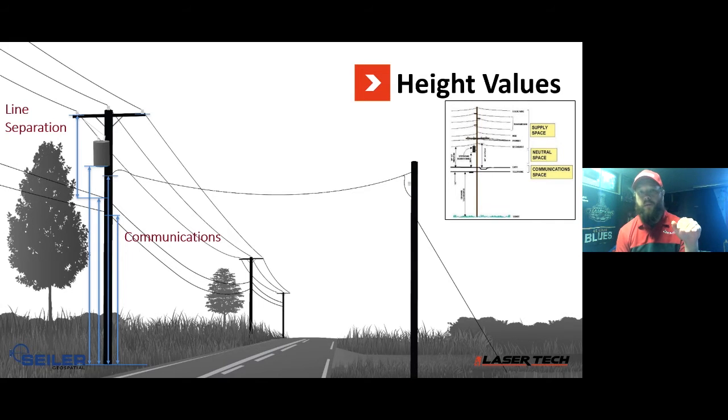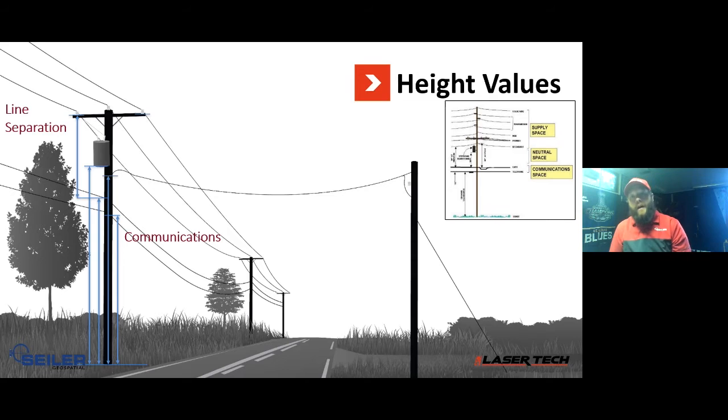Once they're away from those clearances, that's where the communication lines can come in, and you'll see cable, you'll see phone. Most of the time, what you're seeing now is internet, and they're just trying to improve the broadband of fiber speeds. Usually that communication space is in the middle half of the line, and in the lower half there's usually nothing attached because they don't want anybody messing with the line.